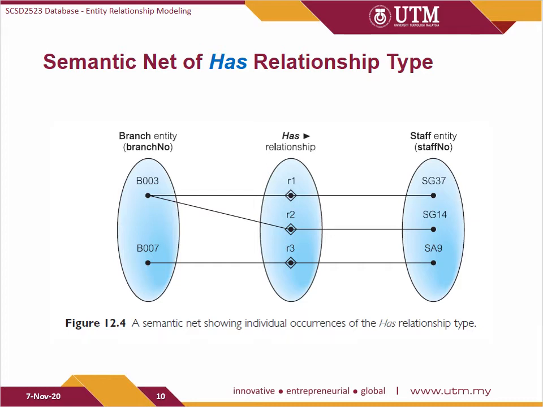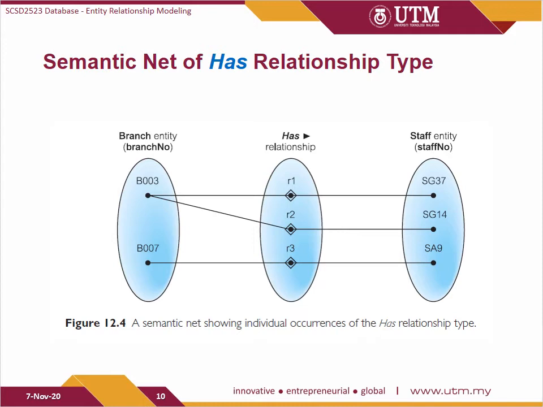The semantic net in this slide shows three examples of the has relationship denoted R1, R2, and R3. Each relationship describes an association of a single branch entity occurrence with a single staff entity occurrence.